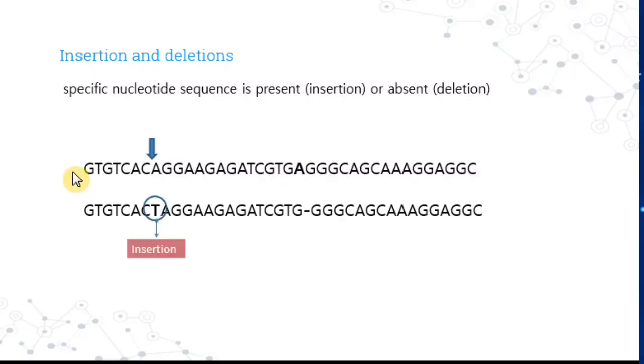For example, here the first sequence in this location is CACAGG, but another individual's DNA strand had a T in the middle of C and A. So that means this patient has a genetic variation of insertion. Whereas in this location, for example, it's TGAG, but in a different individual, the A nucleotide base is deleted or absent. So this is called the deletion.